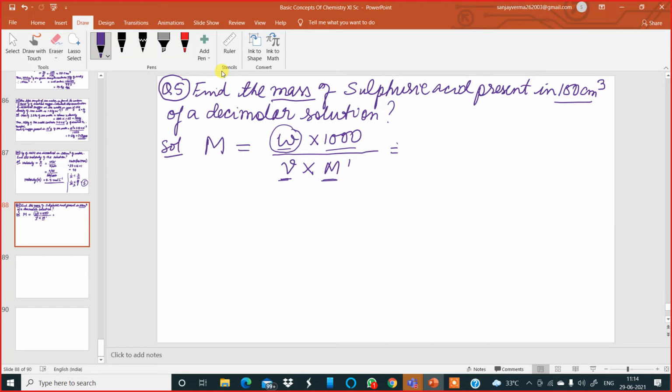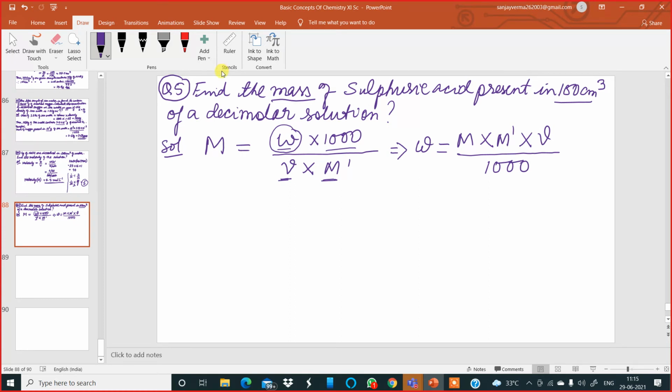So I will rearrange this formula: w = M × M' × v / 1000. This is the formula for getting the mass of sulfuric acid present in 100 centimeter cube of the decimolar solution of sulfuric acid.